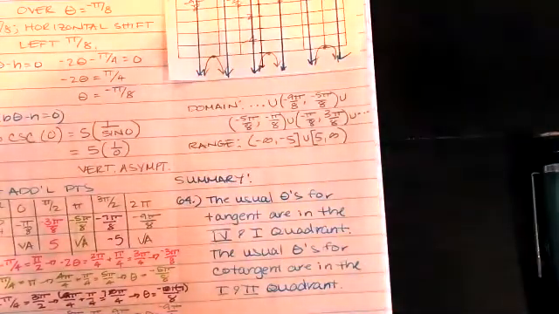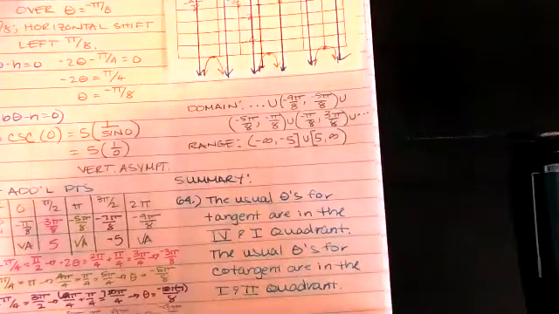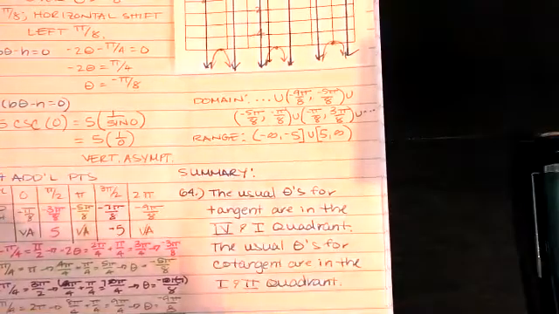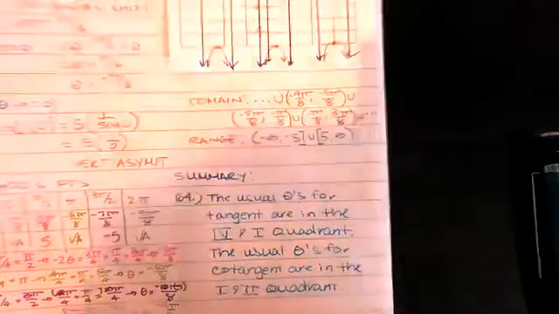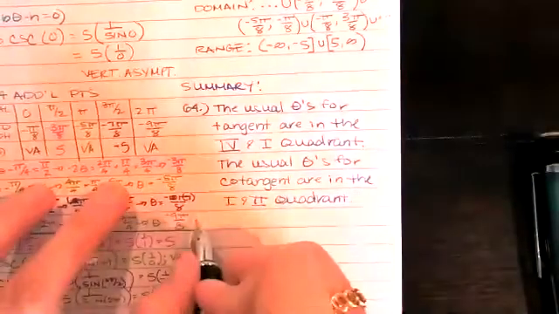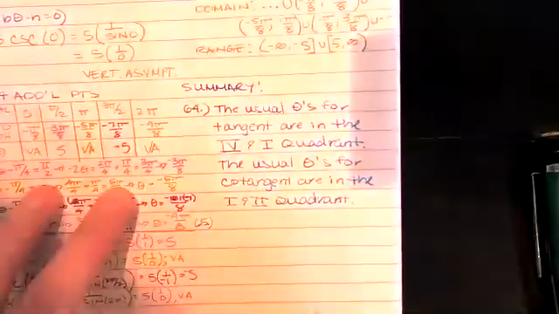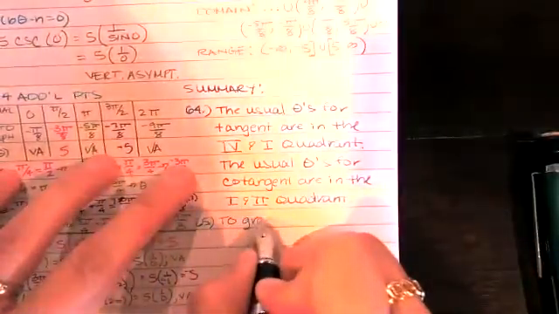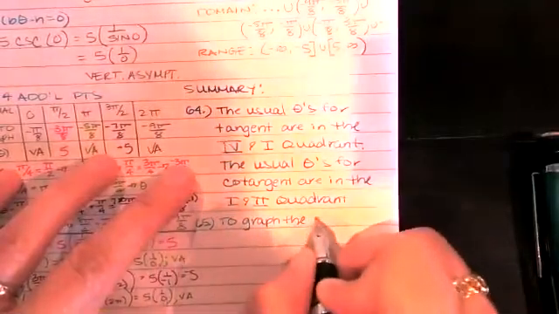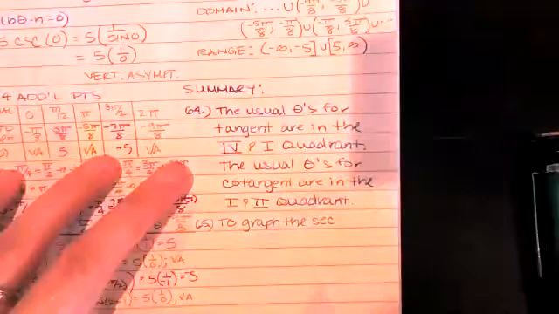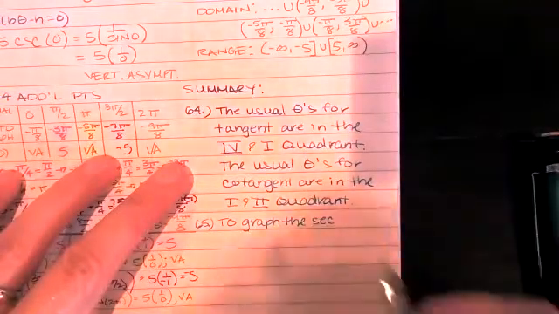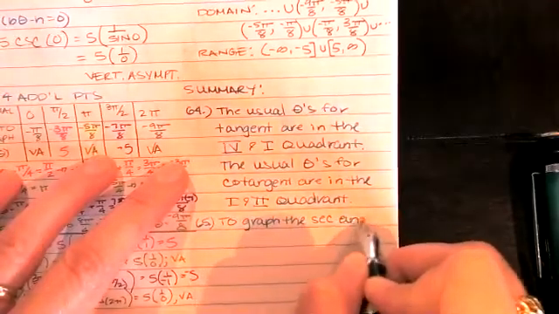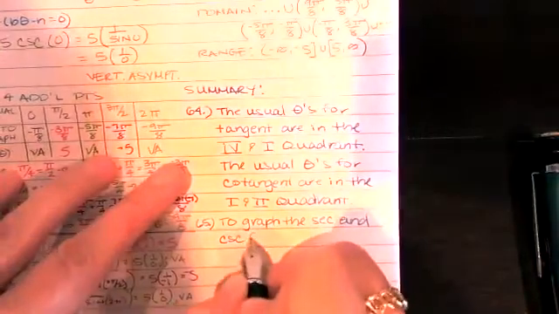Okay, and then 65 says, how do I graph the secant and cosecant functions?